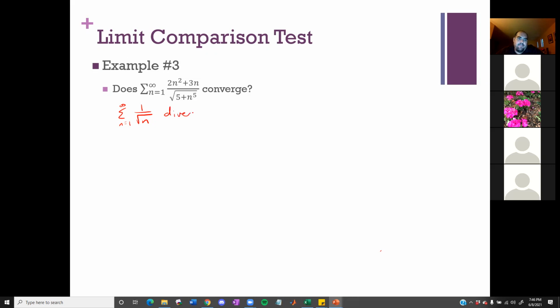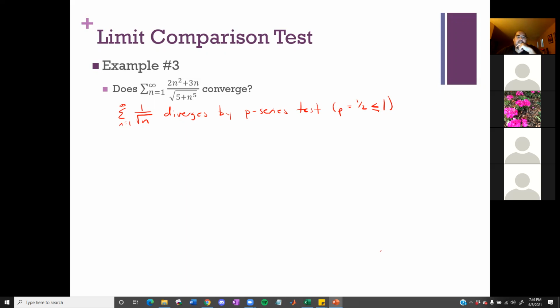How come? Because of the integral test. Integral test is one way we showed it. A more straightforward way is the p-series test, because p is equal to 1/2, which is less than 1. I'll say less than or equal to 1, because that really is what makes the p-test fail.